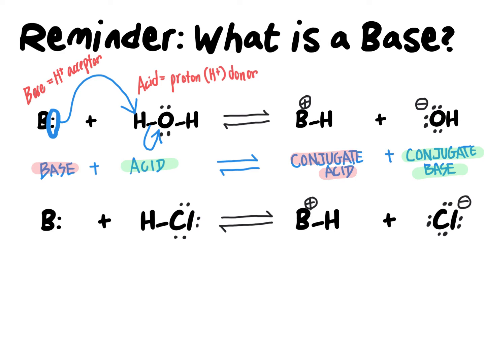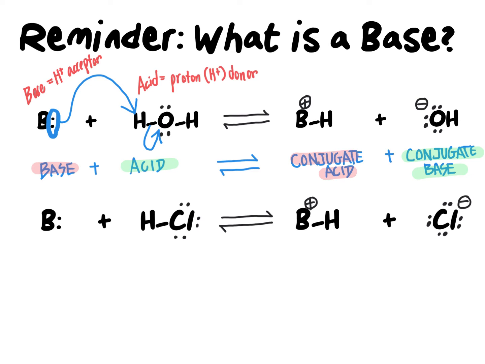Another way to explore what is a base is rather than having the base react with water, we could instead have the base react with hydrochloric acid or some other relatively strong acid here. And we'll use HCl because later on in this video, we're going to see how this has important implications in drug design and drug formulation, to be more specific.